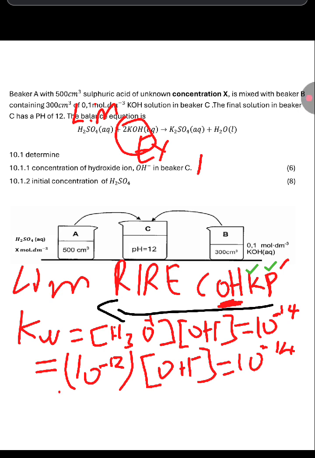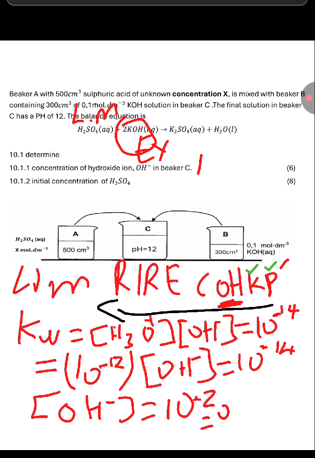Right, so the answer that we're going to get is concentration of hydroxide ions is equals to 10 to the power negative 2, which is equals to 0.01 mole per cubic decimeter.